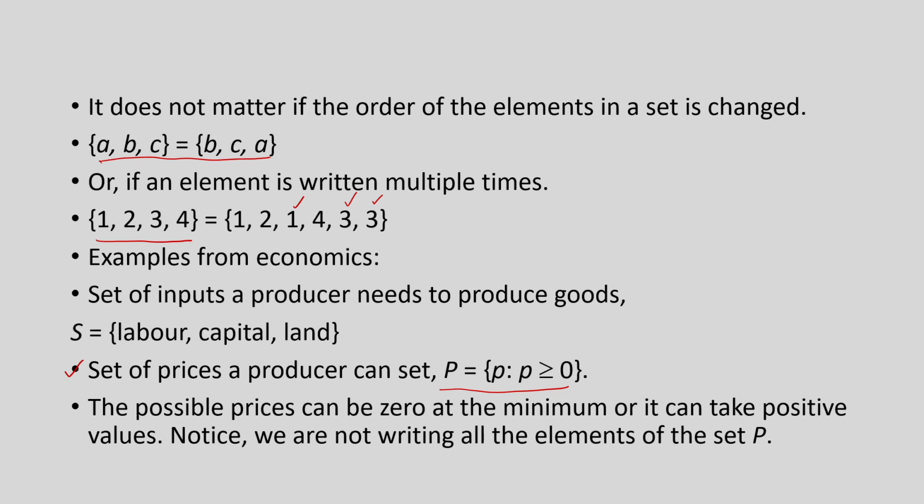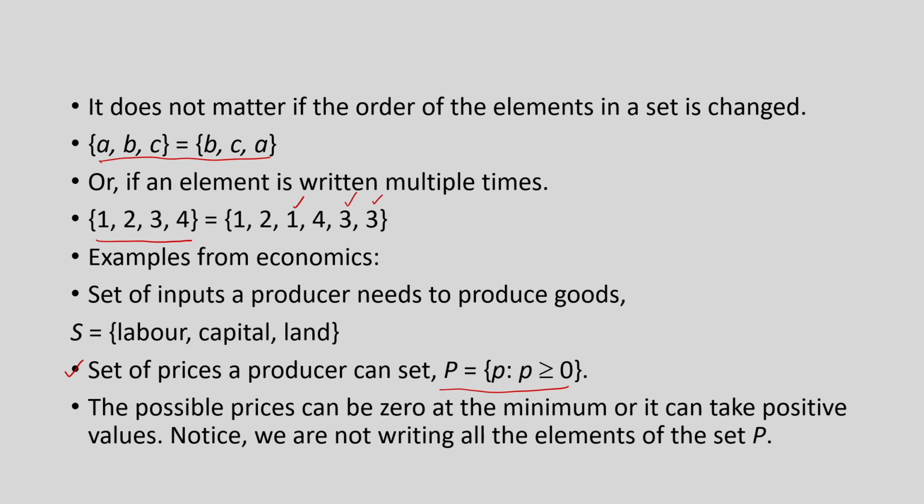So, what is meant by this is what is written below. The possible prices can be 0 at the minimum, or it can take positive values. So, think about the price of any commodity. Prices are not negative. The minimum value the prices can get to could be 0, but that is also a very extreme case. Prices are generally positive.